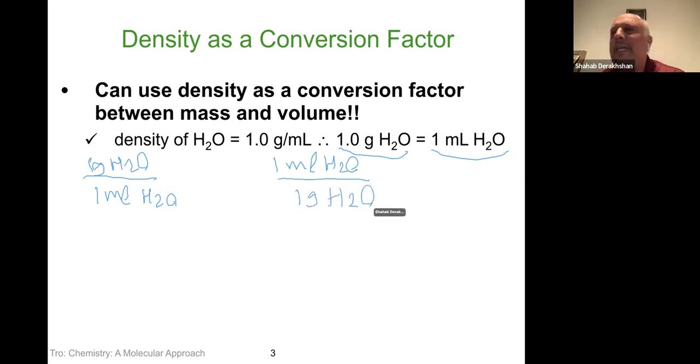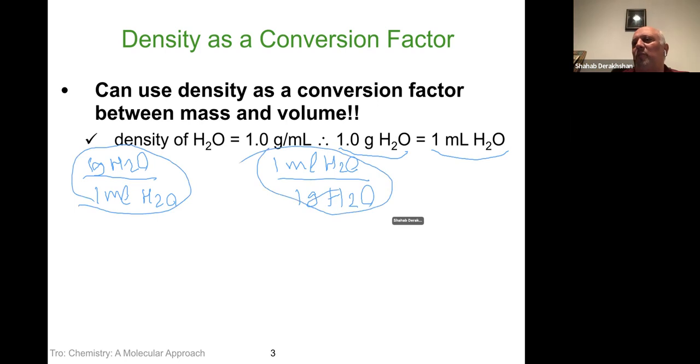And that simply relates to the fact that if I want to get rid of milliliters and convert it to grams, or if I want to get rid of grams and convert it to milliliters, based on those, you use either this tool or this tool to solve your problem. So here we have an example.